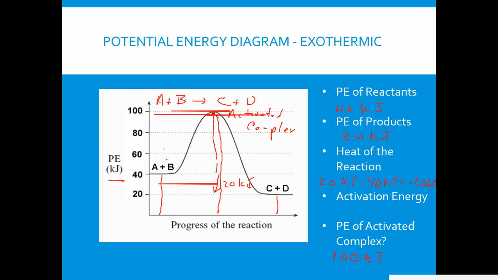If I think in terms of this hill, how much energy do I have to put in to make it to the top? Well, if I've got 40 down here, and 100 up there, that means my activation energy is 100 minus 40, or 60 kilojoules of energy. That means this reaction will not take place unless I put into it 60 kilojoules of energy. All reactions require some activation energy, something to get it started.